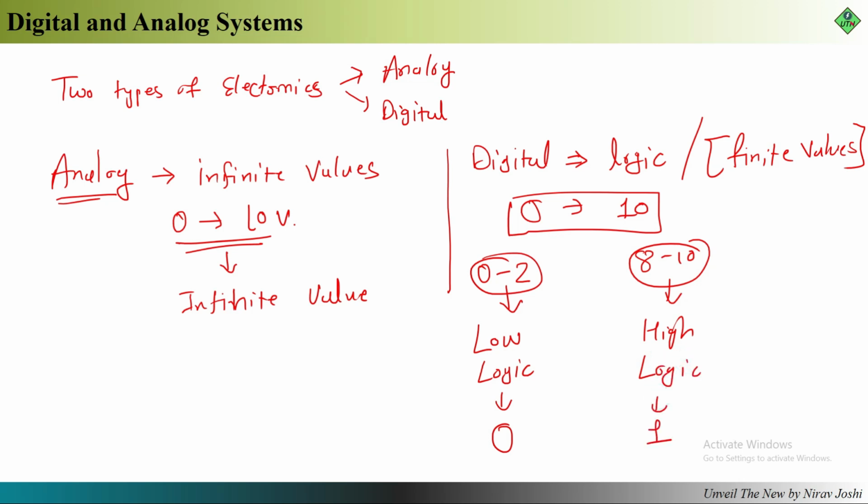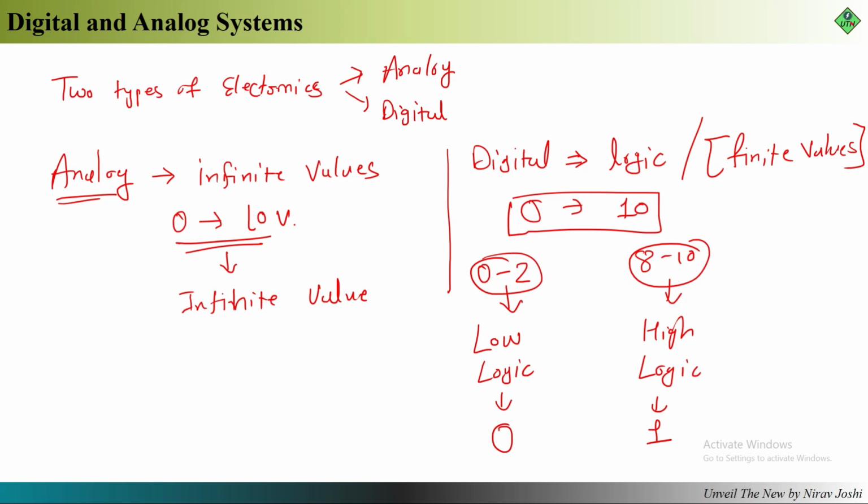So in digital we will always have two values, either 0 or 1. The meaning of 0 and 1 will never be that the value is exactly 0 or exactly 1. Here I've taken the example that if the voltage range is 0 to 10, and the voltage is in the band 0 to 2, it is low logic, that means 0.